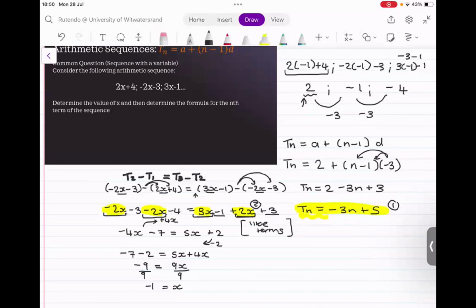Does that make sense? So here I had -2x and -2x. That turned into -4x. So -2 minus 2 is -4. And then 3x plus 2x is 5x.